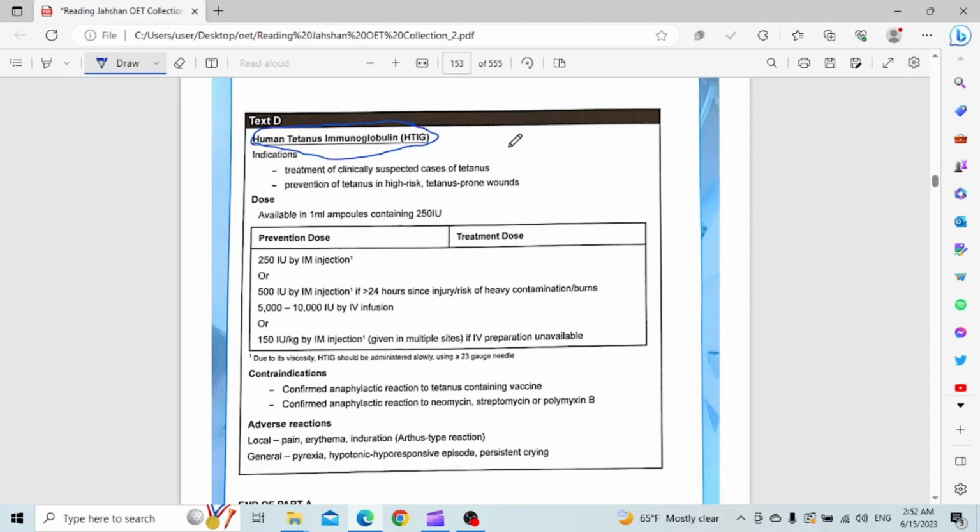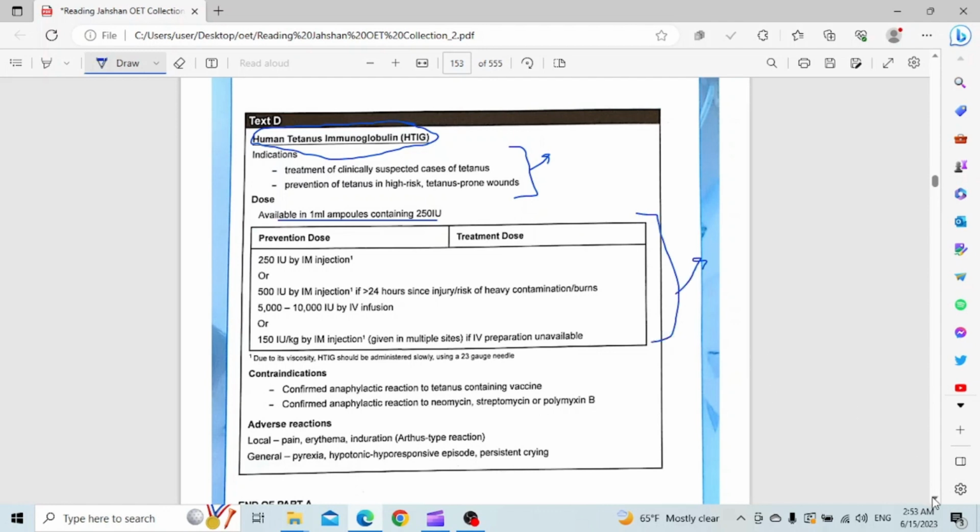So I give it a title of this. This is indications of HTIG, and this is the doses, okay, available in one ampule containing. Because I always say that you have to read any information above or below the schedule. So you read this information. Then this is about doses of HTIG.